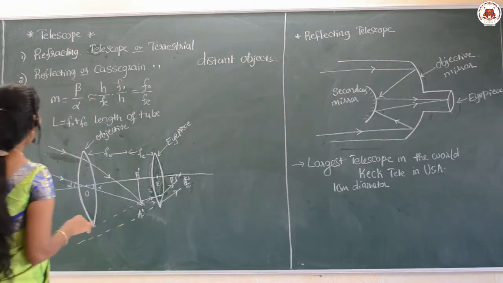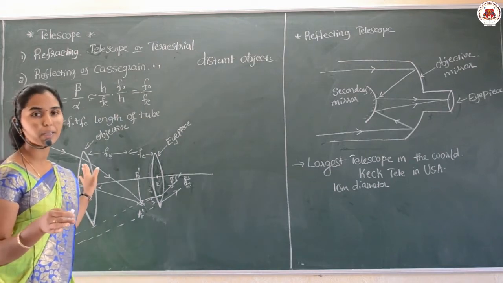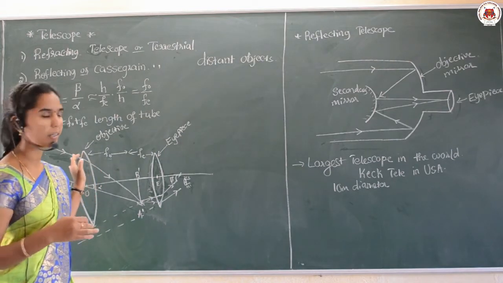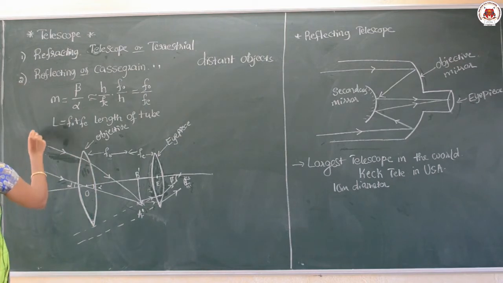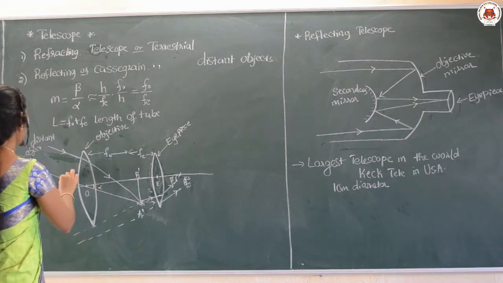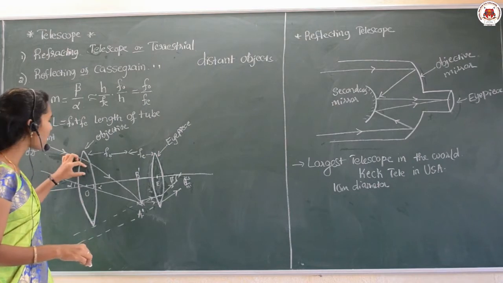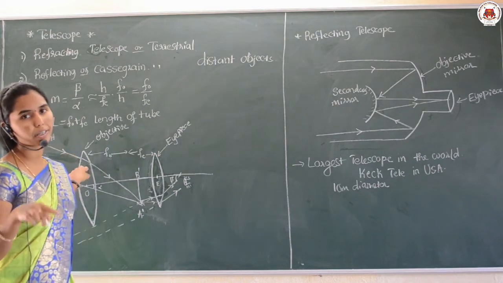Then let us talk about how the image will be formed, how the telescope is working here. Just now I told this is used to get a clear image of the distant object. So the light should enter from the distant object here, right? When a parallel beam of light enters from the distant object, that parallel beam will pass first through the objective lens.